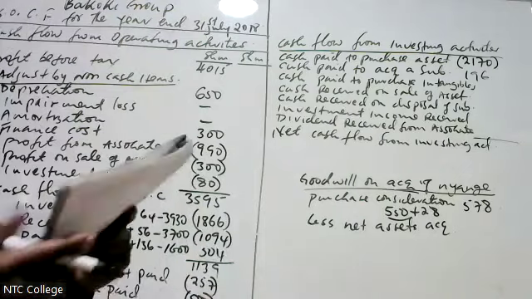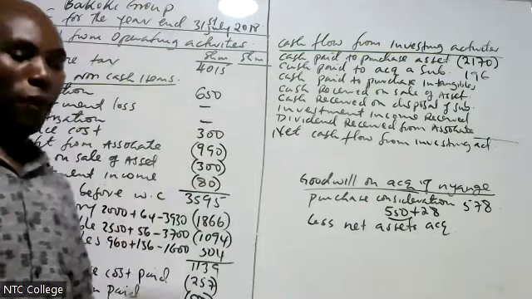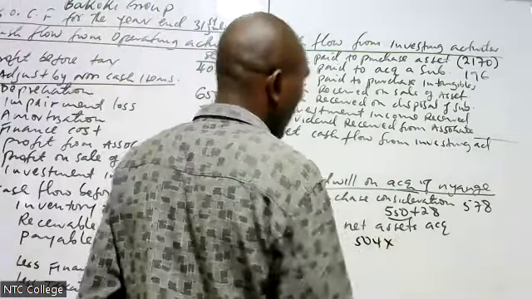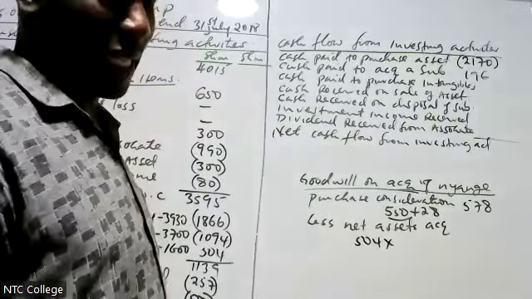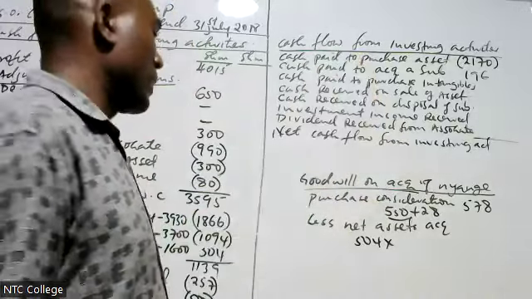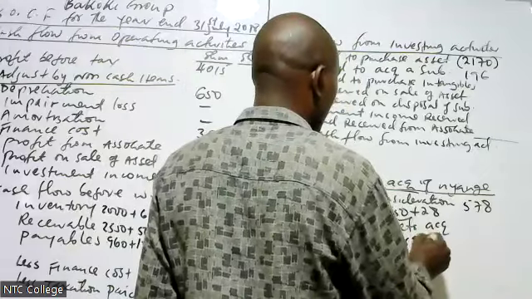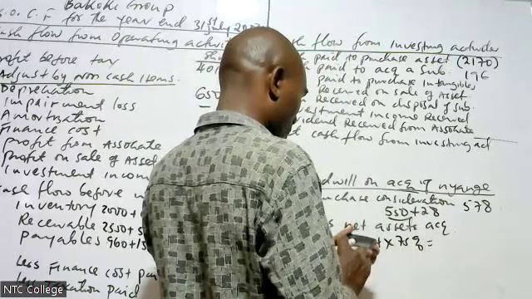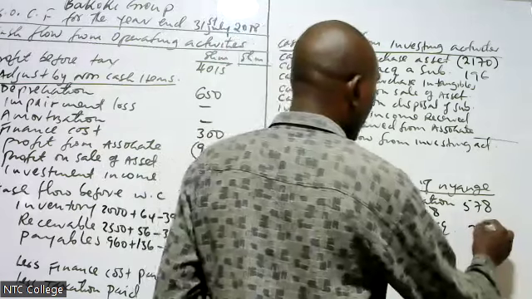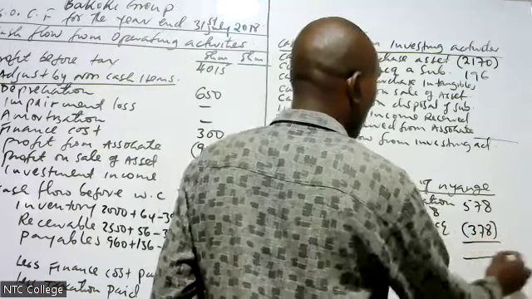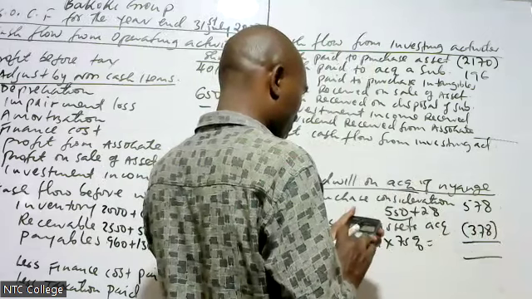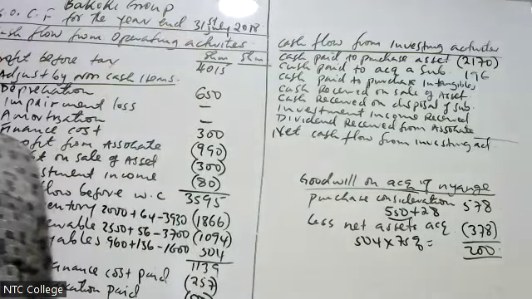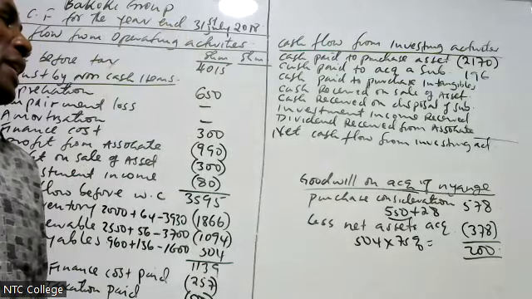We check in the subsidiary acquired. Net assets acquired is 504, times the percentage we acquired, 75%. That gives 378. Then I get 200.